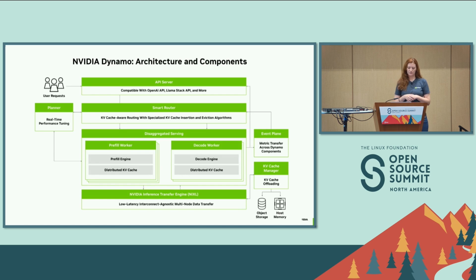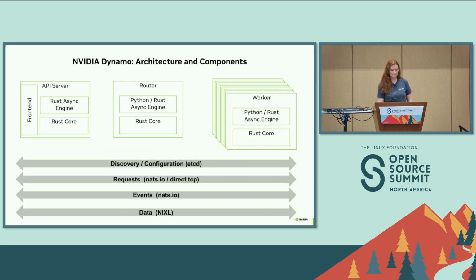This is an NVIDIA inference transfer engine that allows low-latency, interconnect-agnostic, multi-node data transfer. We also have a planner, which is related to the idea that I talked about: basically, during a network surge, can we reprogram some of the GPUs to do different work and achieve higher utilization than before.